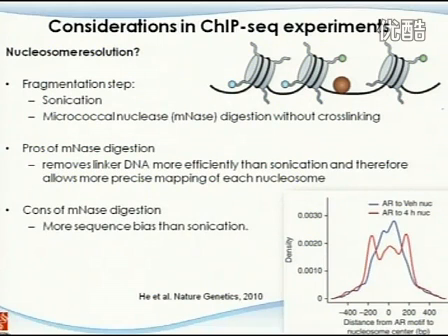But the problem with this is that anytime you use enzymes to cut the DNA into smaller pieces, you run the risk of additional sequence bias, because we know that enzymes do not always cut randomly at any place. They have sequence specificity, and sometimes it will create additional noise.